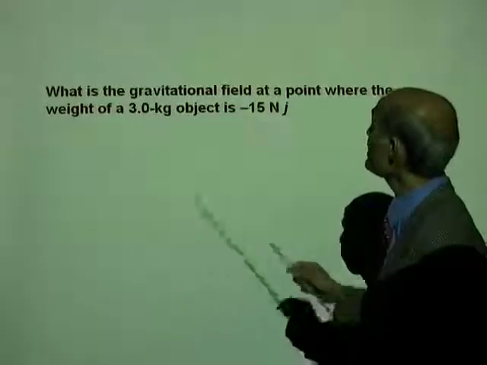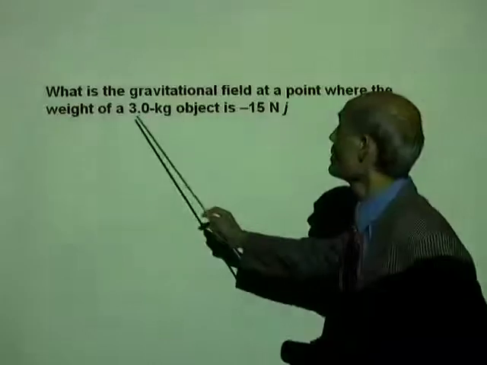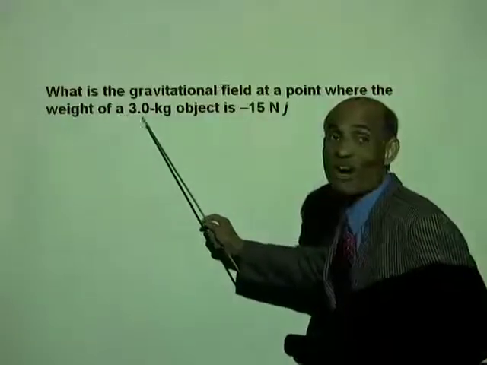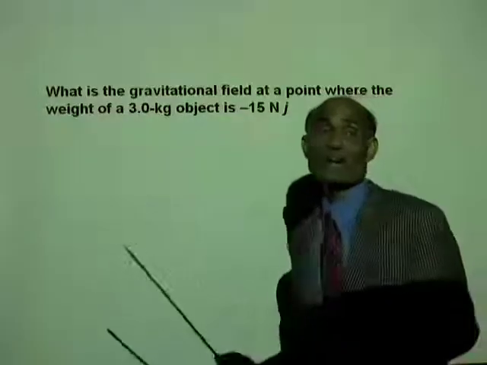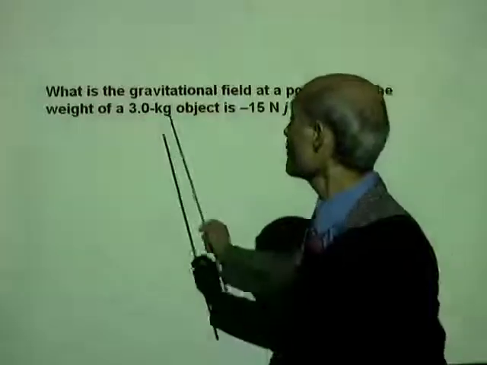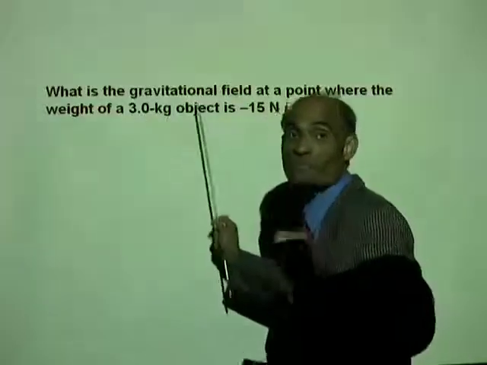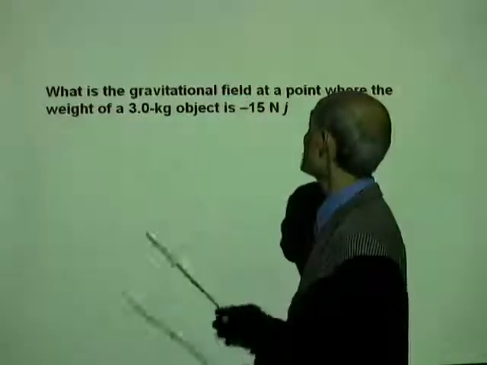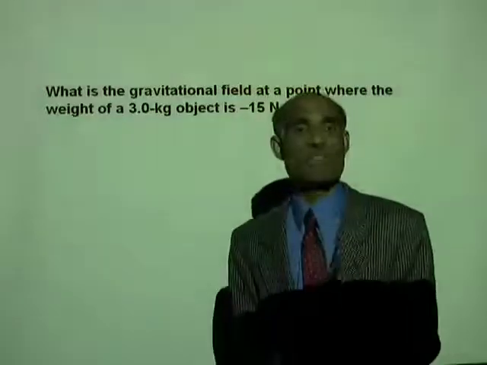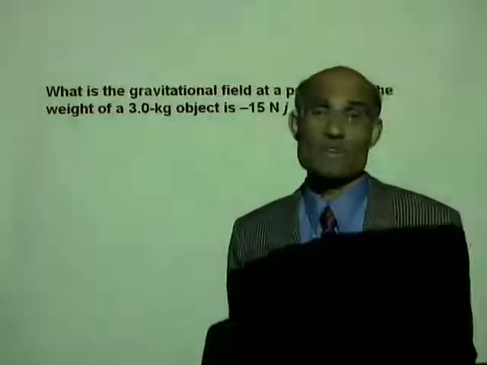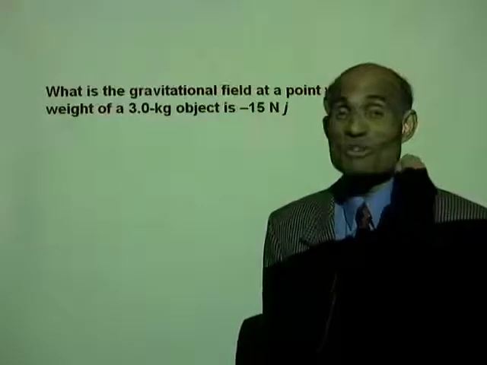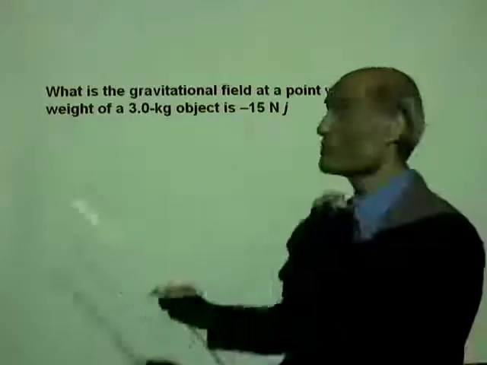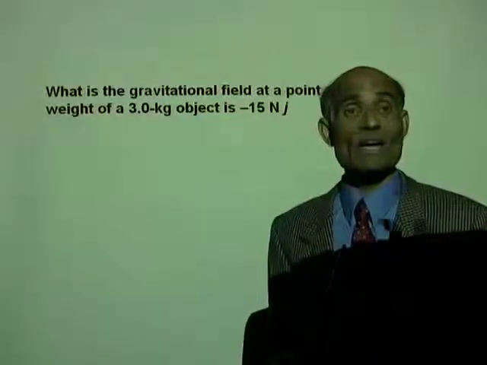What is the gravitational field at a point where the weight of a 3 kilogram object is negative 15 Newton j? Now, if you understood the concept I described, you can give me the answer right away.